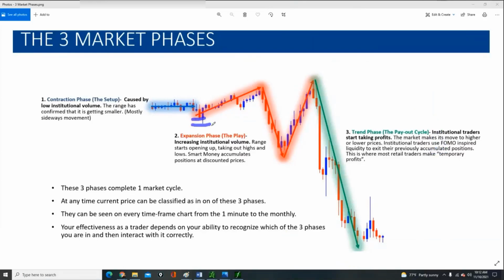People go short. It goes back up. They're getting stopped out. They're switching bullish. Boom, it drops. They get stopped out. They switch bearish because they think they missed the trade. It goes back up. They get stopped out. They're switching bullish. And then they all get killed.